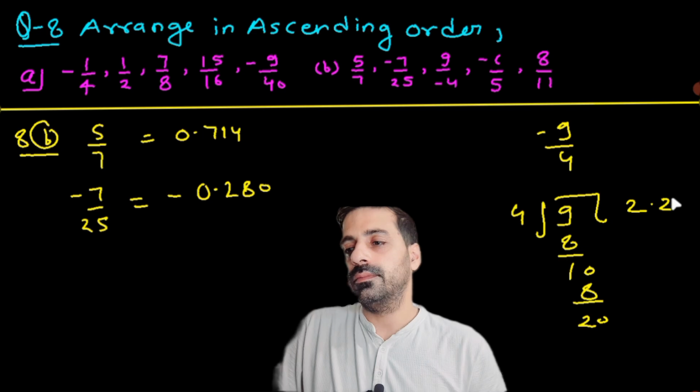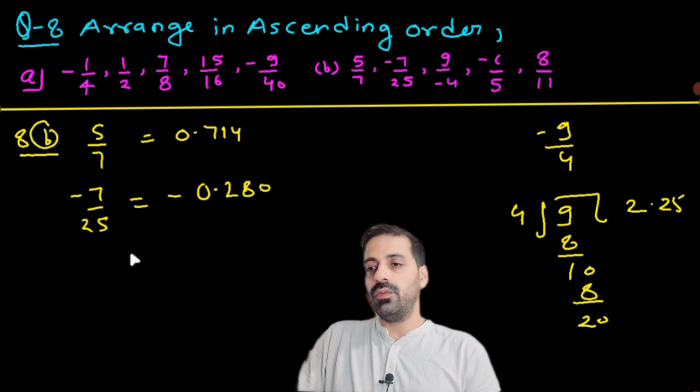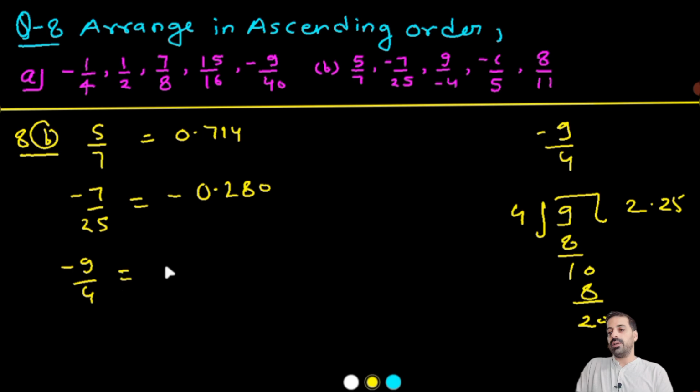The next value, negative 9 upon 4, is negative 2.25. Then negative 6 divided by 5 is negative 1.2.